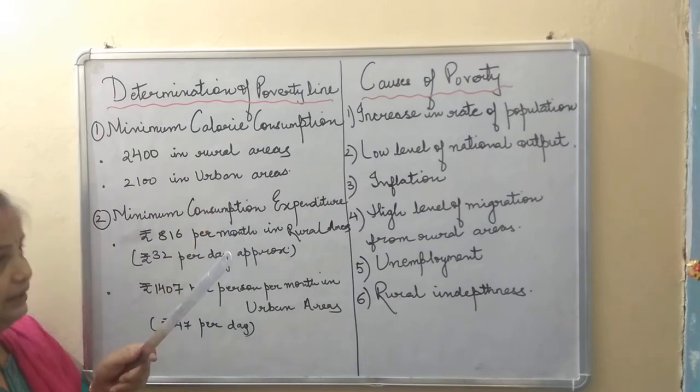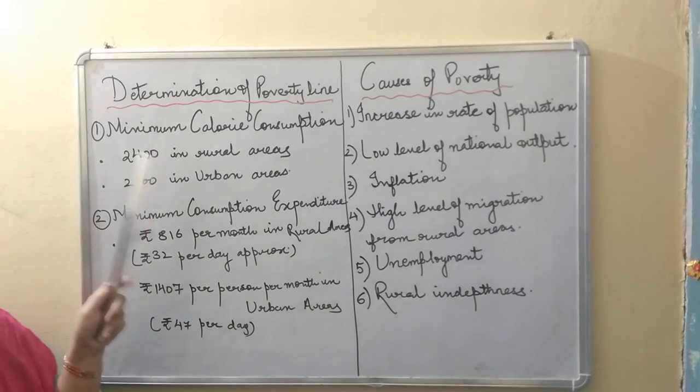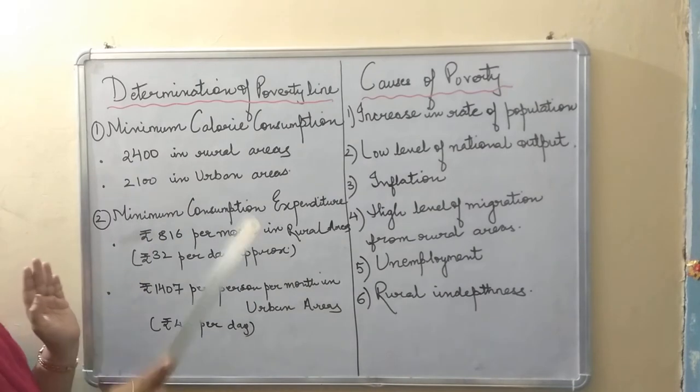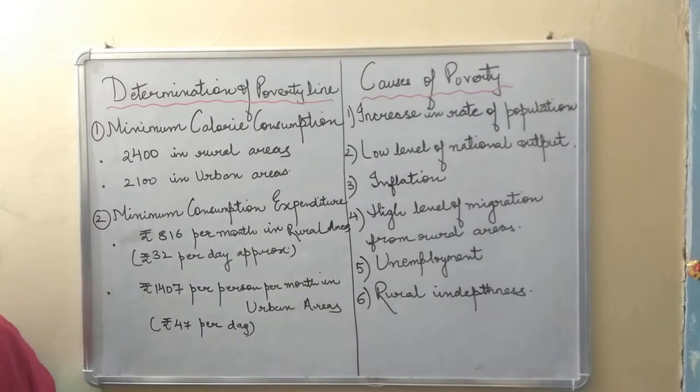Once again I am repeating, in a rural area, if a person is not able to intake 2400 calories per person per day, then that person is said to be poor.